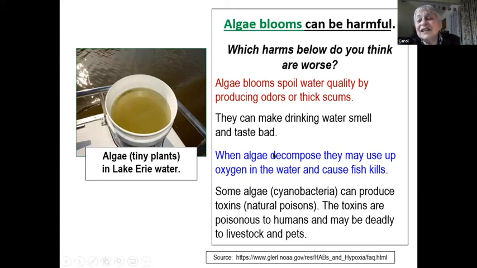When the algae decompose, because they're little tiny microscopic plants, they use up the oxygen in the water, and then you get fish dying because the fish don't have enough oxygen. In the worst cases, some of the algae can produce toxins that are poisonous to people and to dogs, for example.